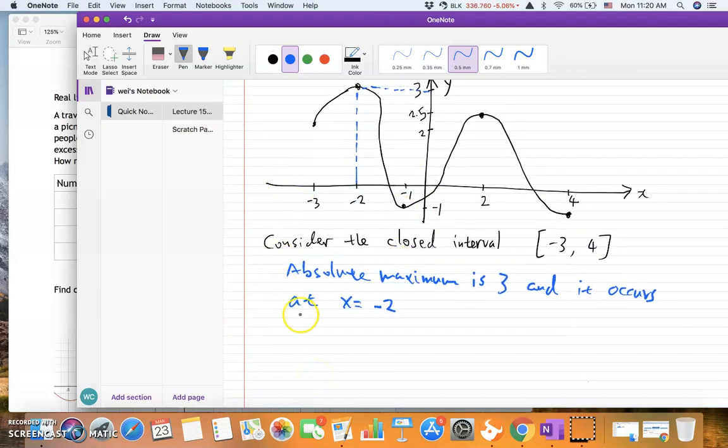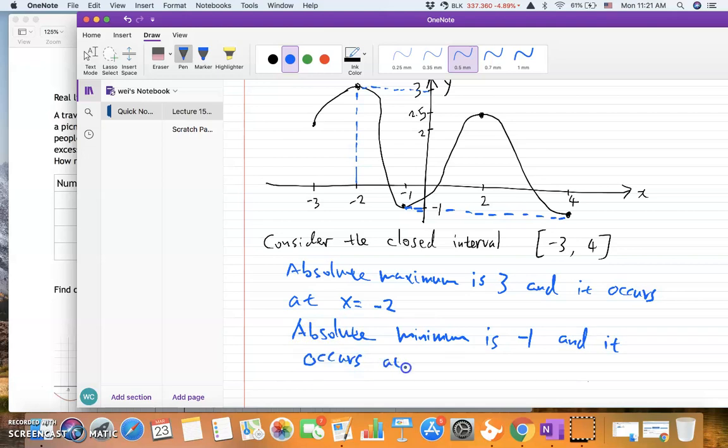So the function has an absolute minimum of -1, because for these two points, their y values are both -1, and it occurs at x equals -1 and x equals 4.